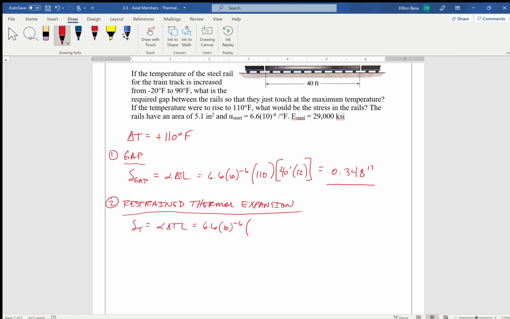How much would this rail expand if it were restrained from the point it is restrained to the point that we're looking at? So we're looking from 90 to 110 degrees Fahrenheit, because at 90 degrees Fahrenheit the gap is closed. So our delta T in this portion is only 20 degrees Fahrenheit.